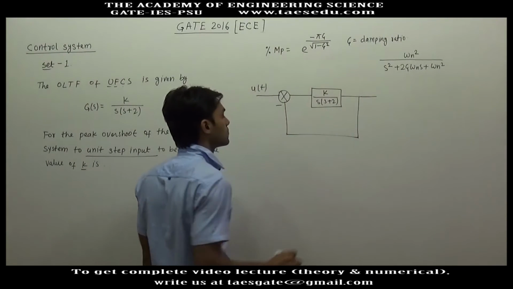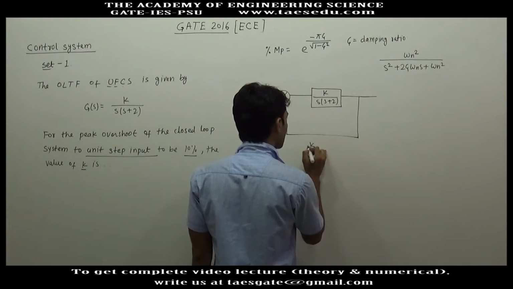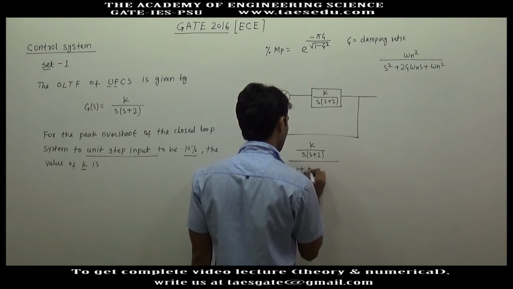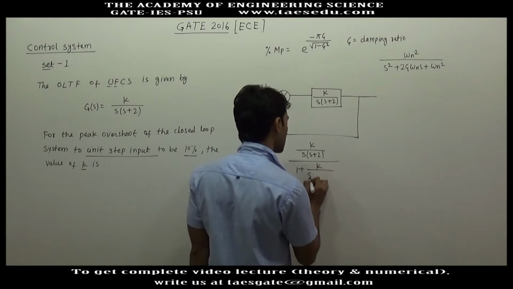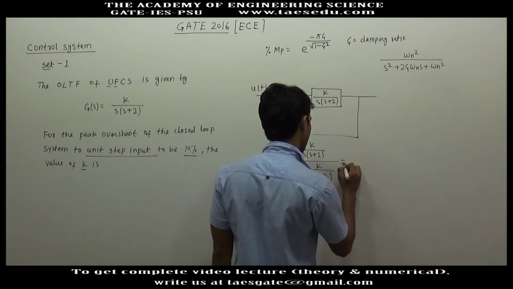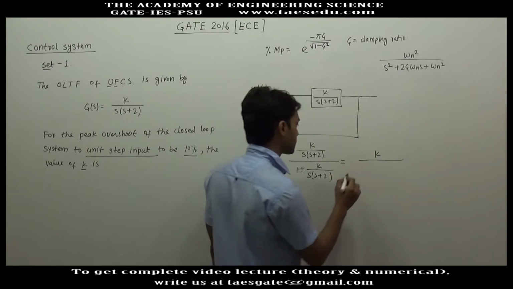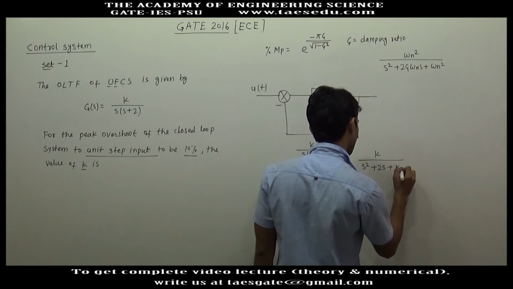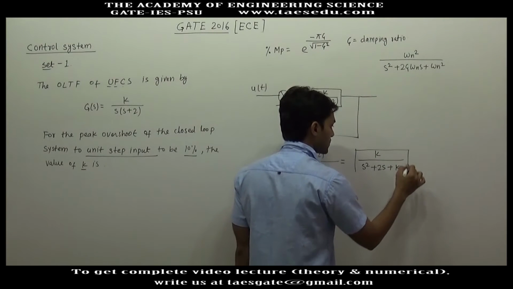What will be the closed loop transfer function? It will be k divided by s into (s plus 2) divided by 1 plus k divided by s into (s plus 2), which gives k divided by s square plus 2s plus k. This is the closed loop second order system.